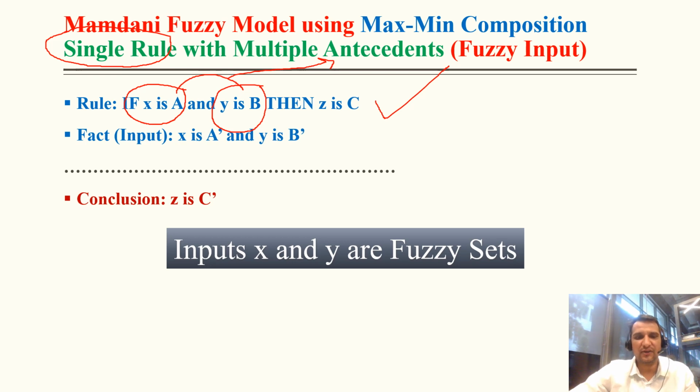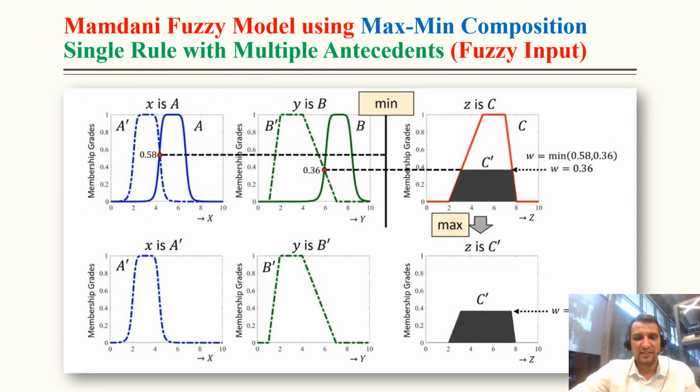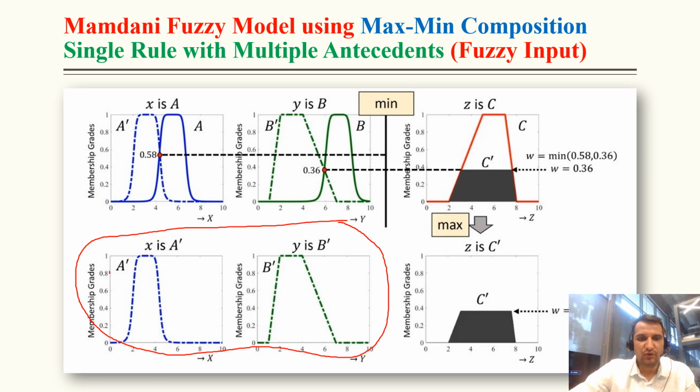Now what we want to calculate: if x is A dash and y is B dash, then what will be z? Let us see. So this we want to implicate. So same, this is the case which we want to calculate, and we just superimpose at this.